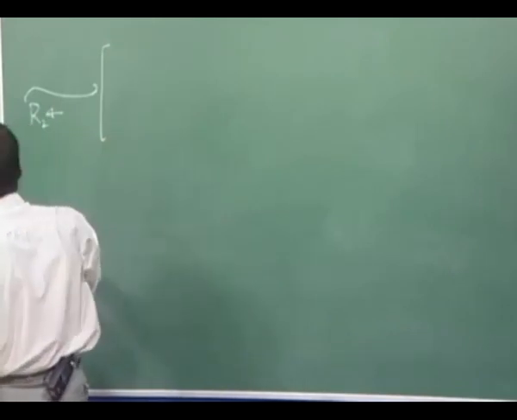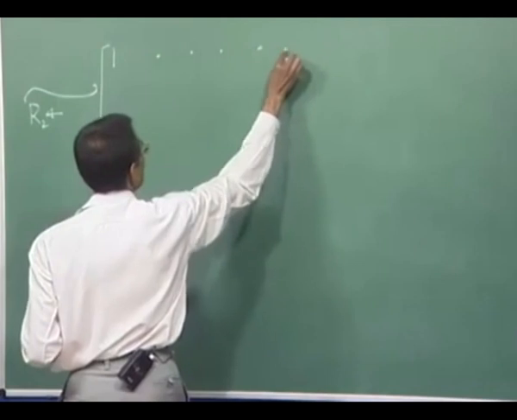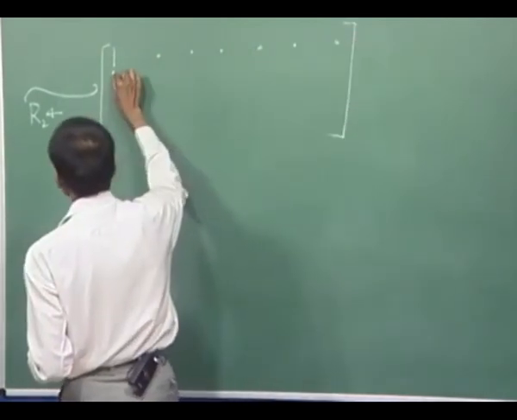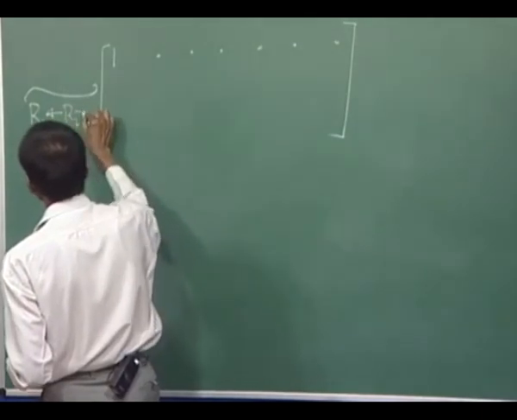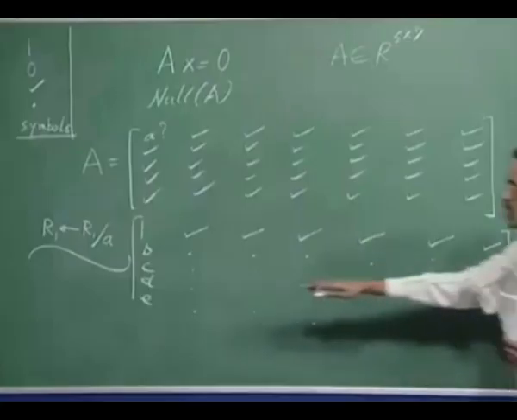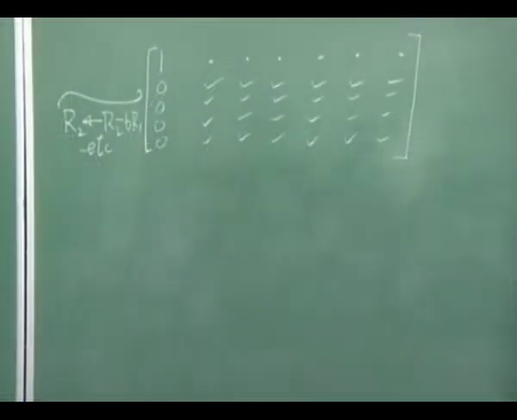In the meanwhile, the first row remains unchanged, and here we will get 0. So, the second row will become second row minus B times the first row, and so on. A similar situation holds for the third row, fourth row, and fifth row. So, all these rows will get changed.